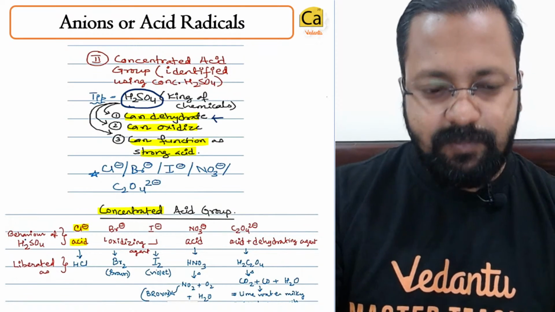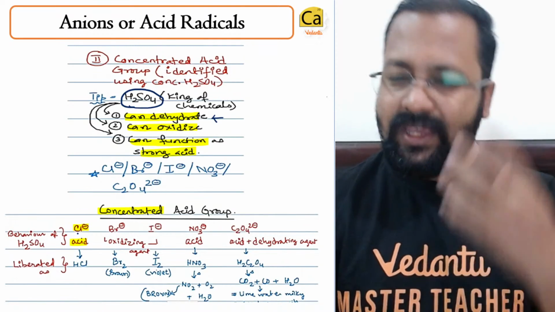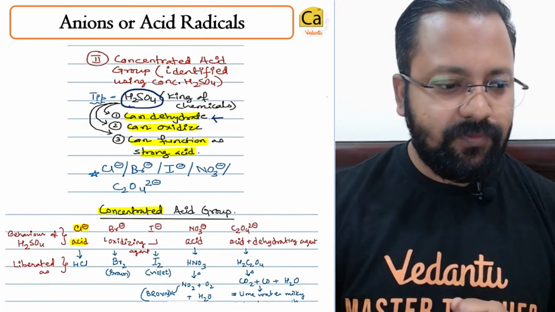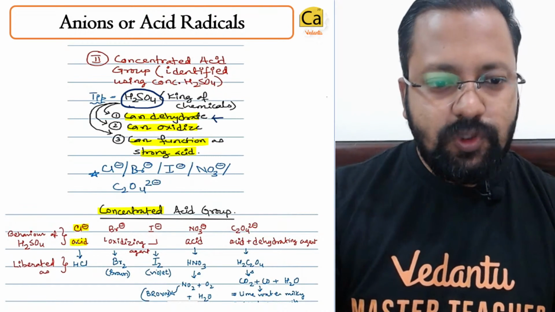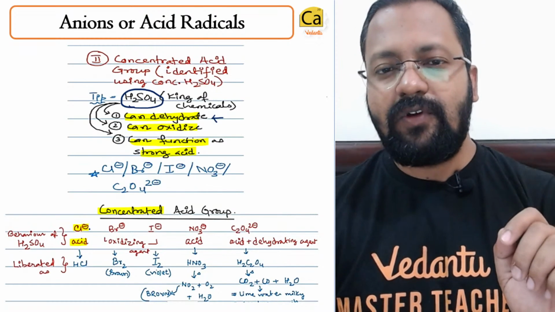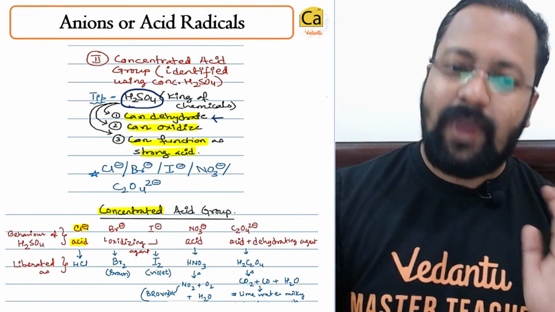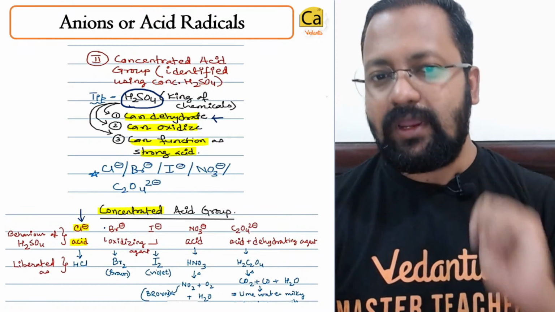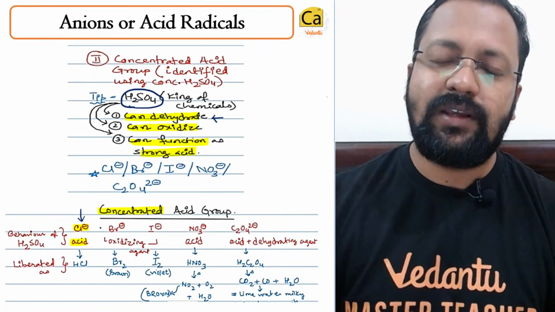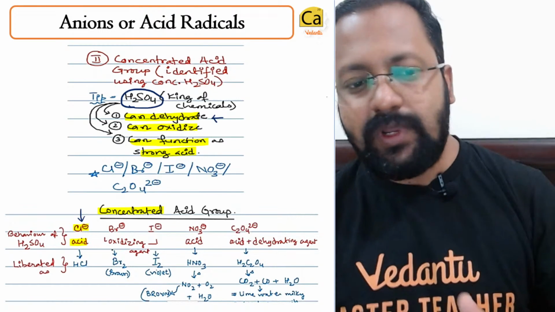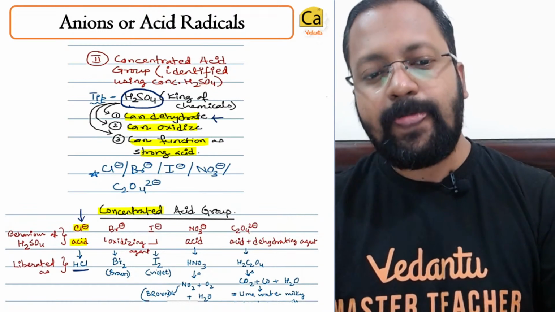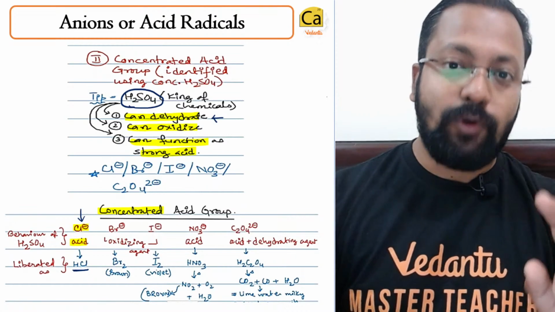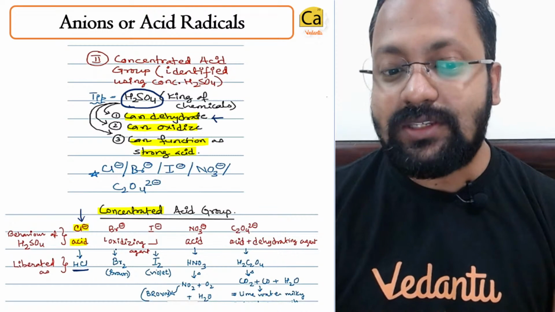So let's look at this part, what is happening with each of these anions. What is the behavior of H2SO4 with each of these anions? The behavior of H2SO4 with Cl minus is like that of an acid. Cl minus will take up H plus and will convert into HCl. While the behavior of H2SO4 with bromide and iodide is that of an oxidizing agent.